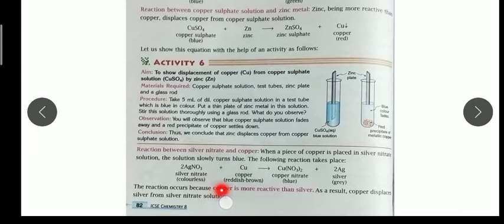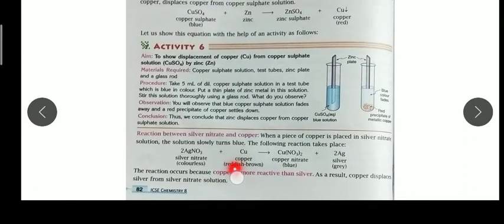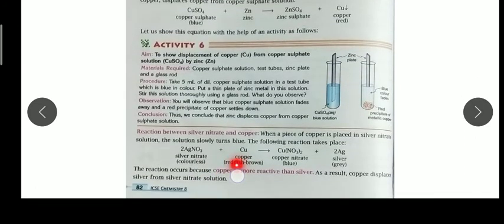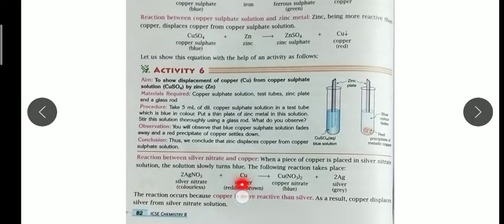Copper is more reactive than silver, so copper displaces the silver from silver nitrate and forms copper nitrate, which is blue in color, and we get silver gray. Silver is in the second last position.